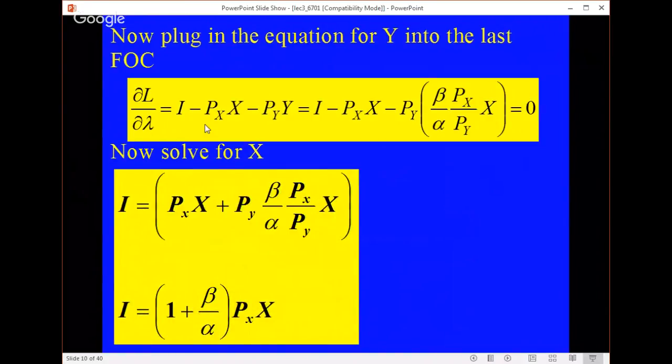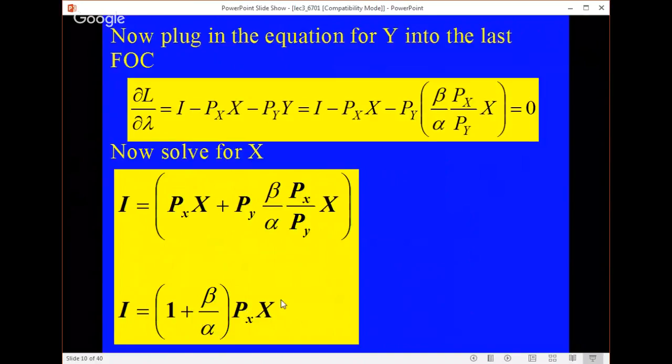So here I take I to the other side. I have I is equal to px x plus py beta over alpha, px over py, x. The py's cancel, and I'm left with px x plus beta over alpha, px x. Of course, I have 2 x's, so I can write it as 1 plus beta over alpha, px, times x.